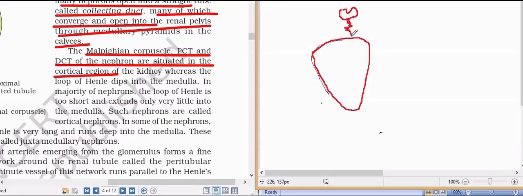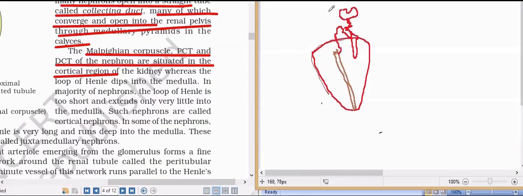Okay, and a little bit will be outside, and its Henle's loop will be inside. Or you can draw it like this. And a DCT will be coming back. Then they'll enter into a collecting duct, because the collecting duct is going like this, and it's going to enter into the collecting duct.